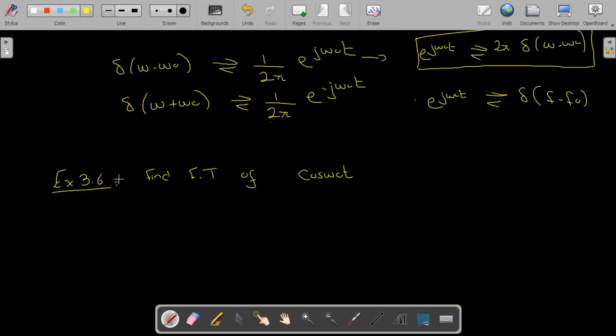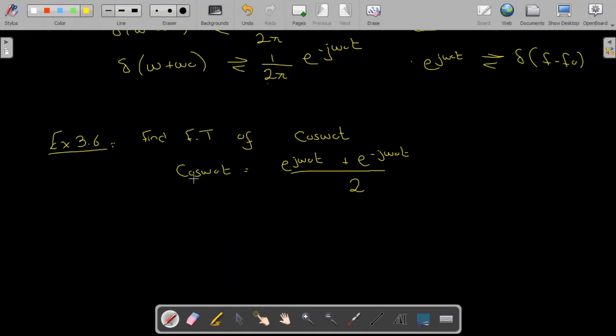Then we have example 3.6 where we need to find the Fourier transform of the cosine function, which is cosine omega naught t. Now we know that cosine omega naught t is actually equal to e power j omega naught t plus e power minus j omega naught t divided by 2. So it means that the Fourier transform of this signal will be equal to the Fourier transform of these signals.